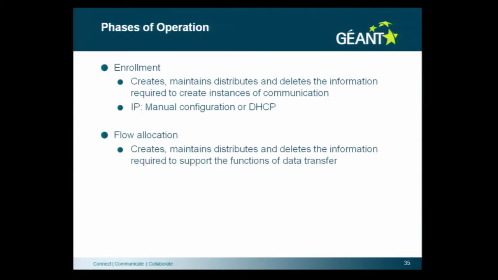Then there is flow allocation, which allocates the resources and checks if, for the other application you want to reach first, you are allowed to communicate with it. So I'm not allowed to communicate with the NSA database, so a DIF would not allow me that communication.